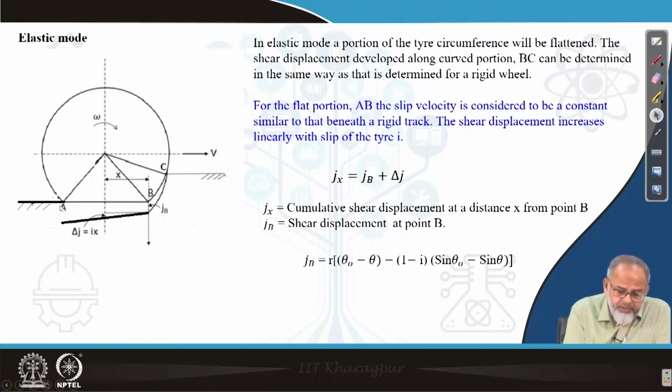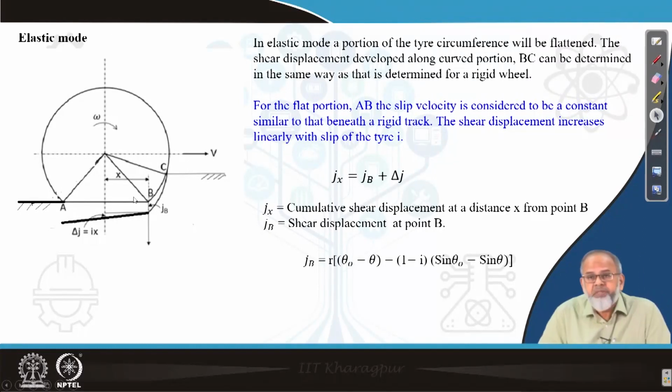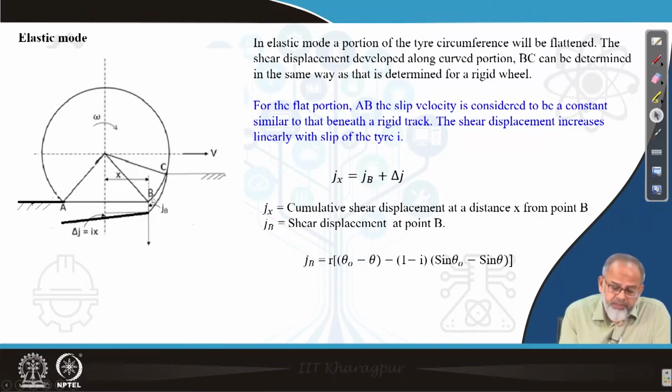I have demarcated the flat portion as AB and the curved portion as BC. To find out the shear stress on the flat portion, we need to know the shear displacement in the flat portion, and similarly for the curved portion, we have to find out the shear displacement in the curved portion.